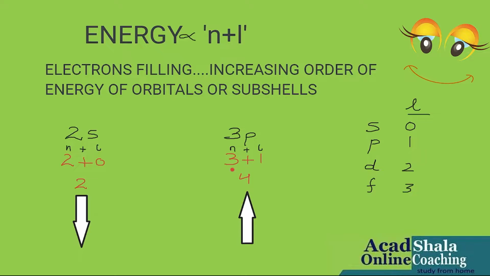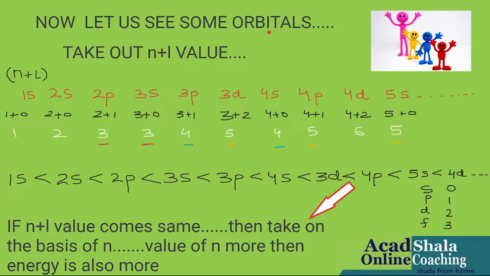Very, very simple. So we have to keep in mind this N plus L value, that is how the electrons will be filled in the orbitals or subshells. Now let us see, some orbitals are written on the board and we have to take out the N plus L value.